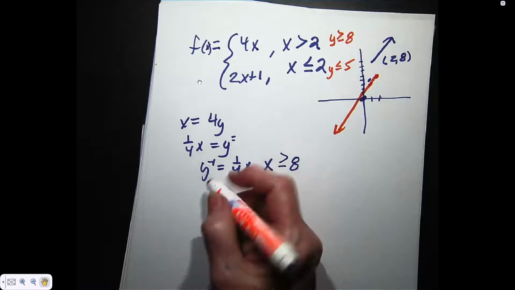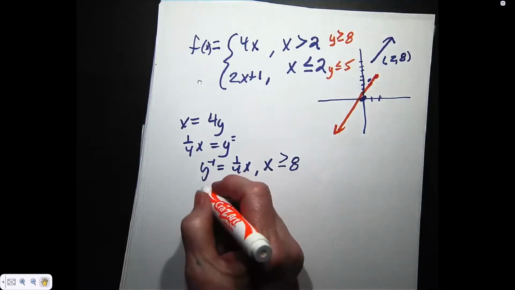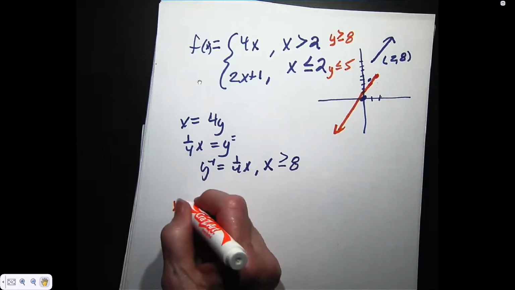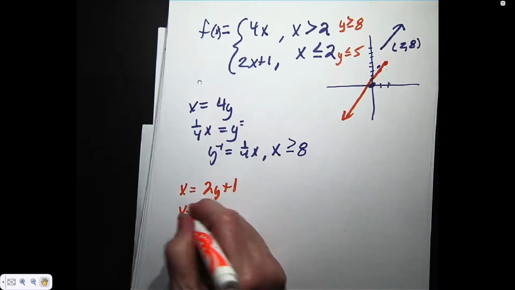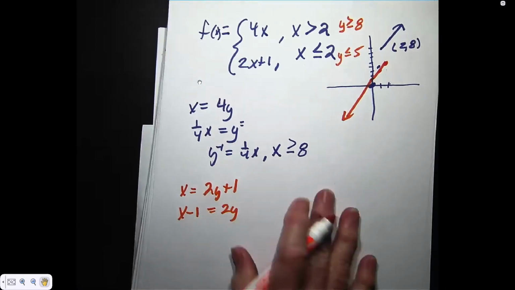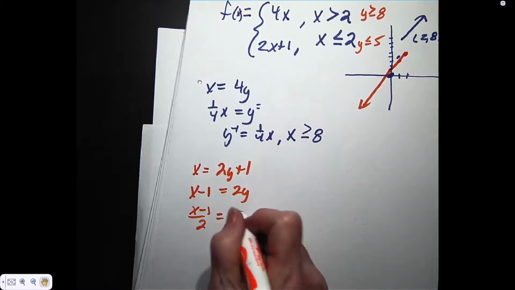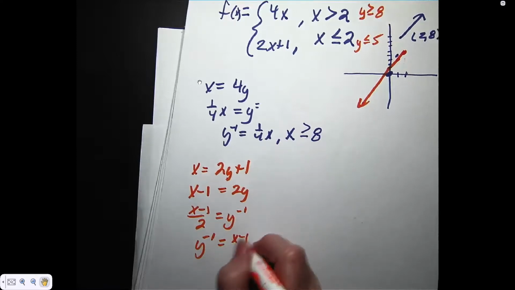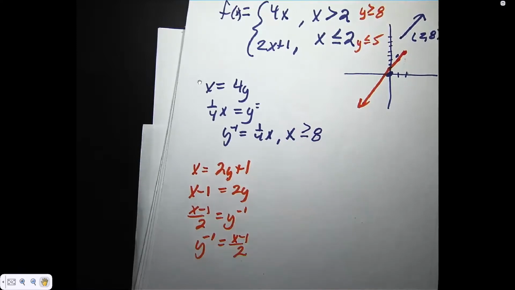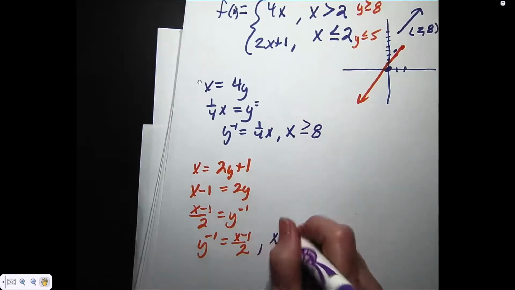On the next piece of this, I would have y inverse. So x is equal to 2y plus 1. X minus 1 is equal to 2y. Then x minus 1 divided by 2 is equal to y inverse. And then I would need to restrict this one to x is less than or equal to 5.